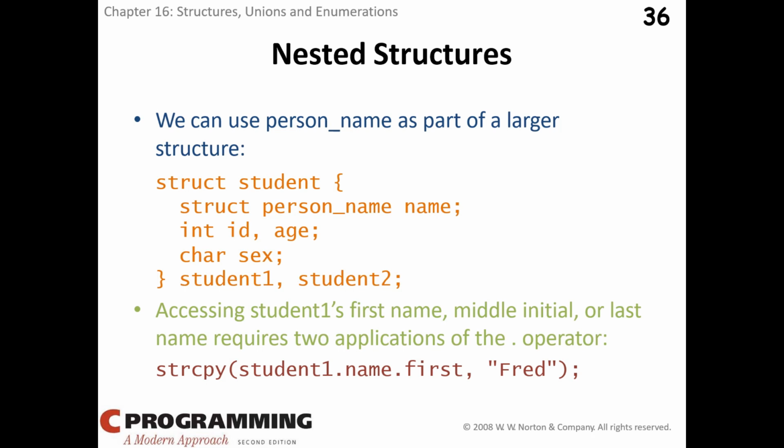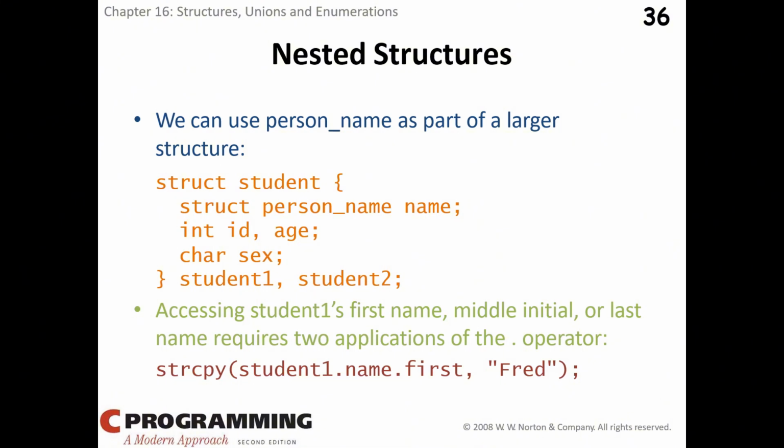And now, based on our previous person name structure, here in this slide we can use the person name as a part of a larger structure. So here, let's say we want to create a structure called student, which represents information about a student, including their name, student ID, age, and sex.